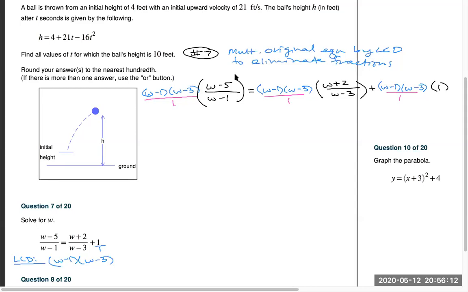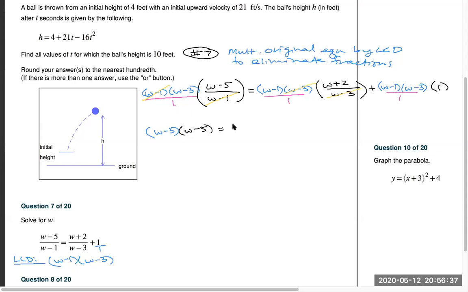All right, so things that cancel. W minus 1, the factor, cancels with W minus 1, the factor. What are we left with? We're left with the W minus 3 times the W minus 5. Next, what cancels? W minus 3, the factor, cancels with W minus 3, the factor.